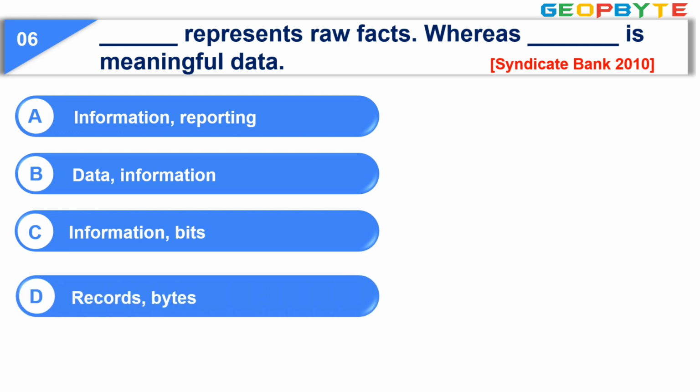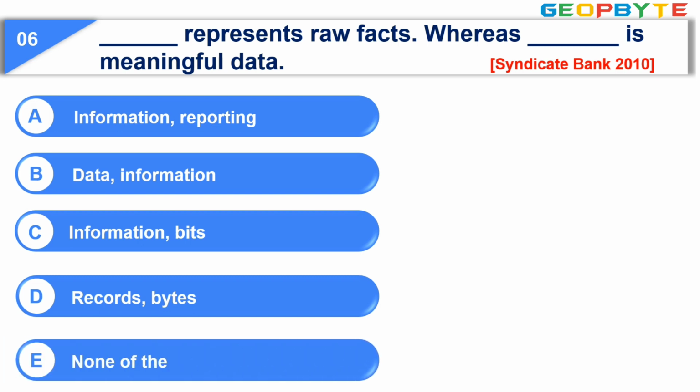Option D, records, bytes. Option E, none of these. And the correct answer is option B, data, information. Data represents raw facts. Information represents processed raw facts.